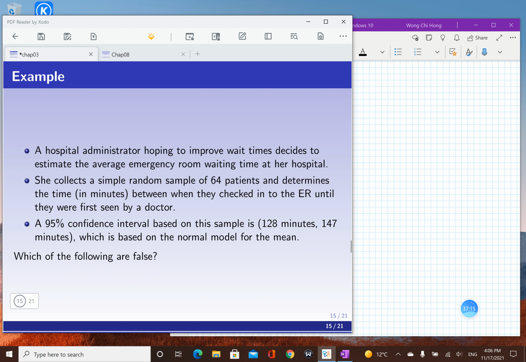But again, why do we mean a random sample? Of course, you don't want to get all your 64 patients at the same time of the day or in the week. In the week, you may want to try different days. Maybe on weekends we've got more accidents, maybe due to the parties and all the things. Maybe we've got more emergency service required in the night instead of in the daytime.